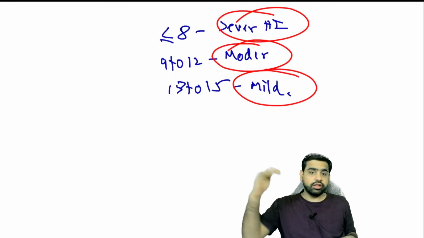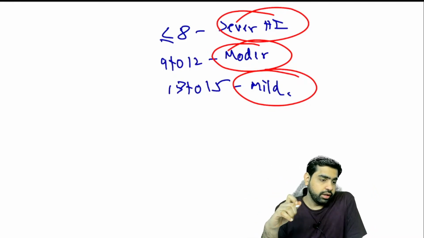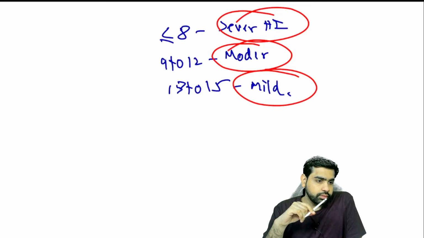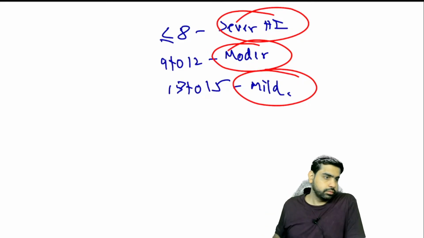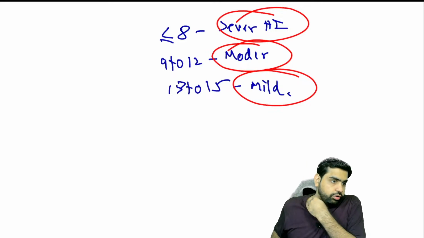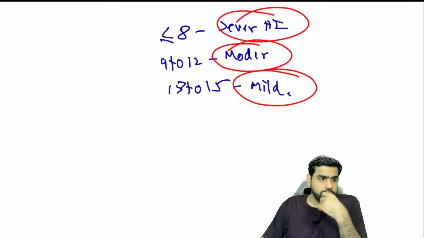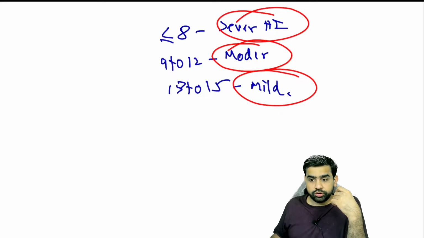So mild, moderate, and severe head injury. This is what you need to understand. Okay, got it? Right.